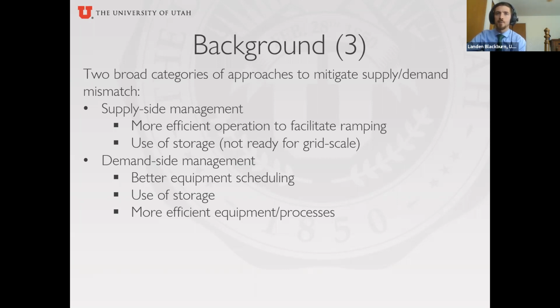Demand side management is probably what a lot of the IAC recommendations boil down to: better equipment scheduling, using thermal, electrical, or other types of storage, and upgrading to more efficient equipment. Basically, we're trying to flatten the curve, per se, of the electrical demand so that the electrical producers don't have to do as much ramping.